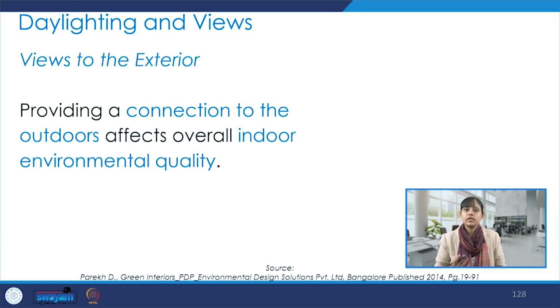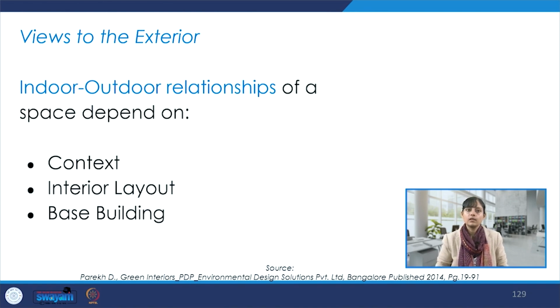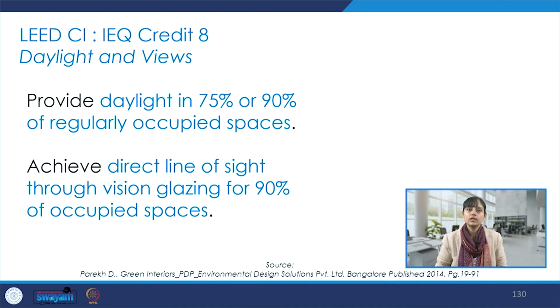So when we talk about daylighting, views to the exterior matter a lot. Providing a connection to the outdoors affects overall indoor environmental quality. And indoor-outdoor relationships of a space depend on the context, the interior layout, base building. And there is this credit for daylight and views, like I was telling.